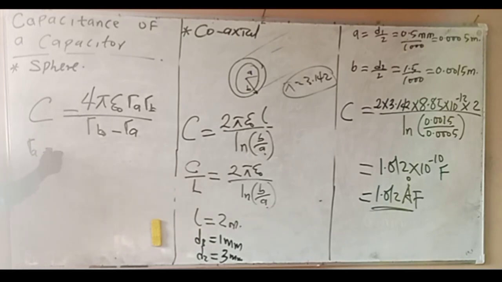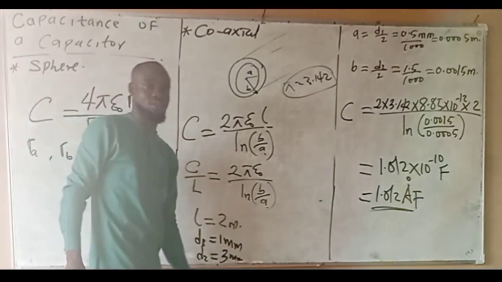Then R_B is the external radius or outer radius.